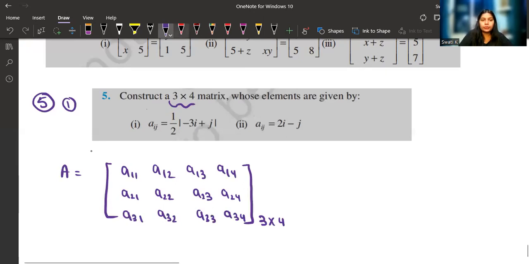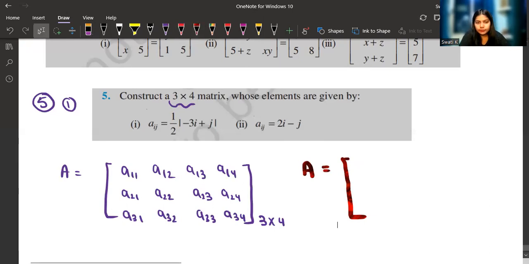In the first one, we have the formula given for Aij. So I can directly start with the entry. I'm going to write down the matrix first so that I can put the entry here. So the first entry is A11, right? Let me go a little bit down so that I'll have even more space.